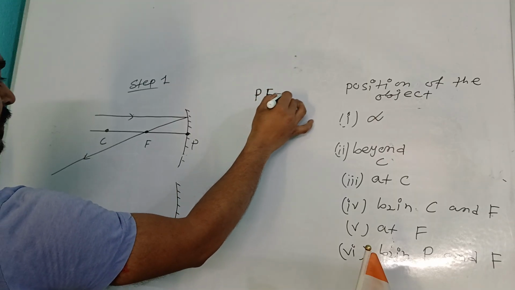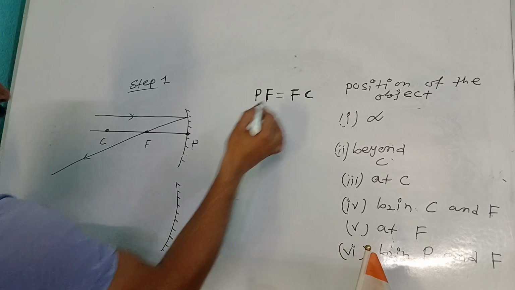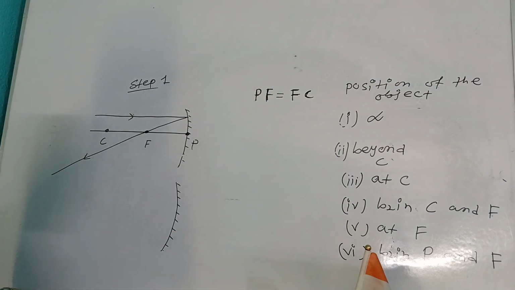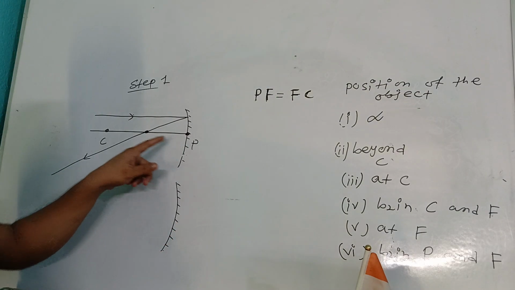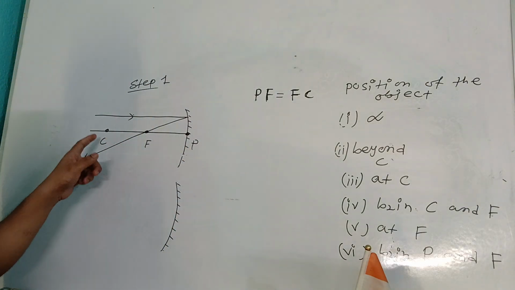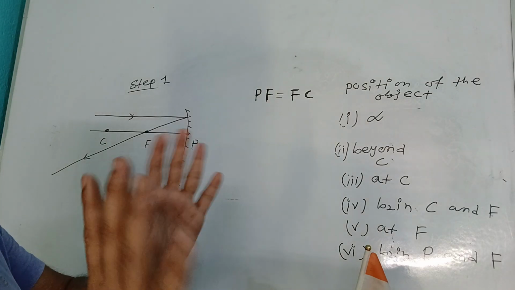P to F, F to C. P to F and F to C are the same. So whenever you are using a scale and pencil, for example you take the P to F distance as 5 centimeter, then F to C must be 5 centimeter. Then you will get the exact ray diagram. Otherwise not.